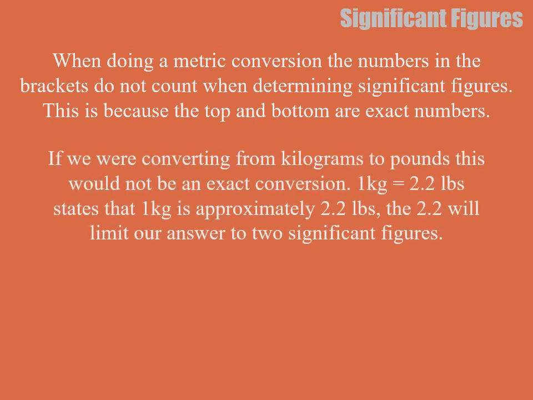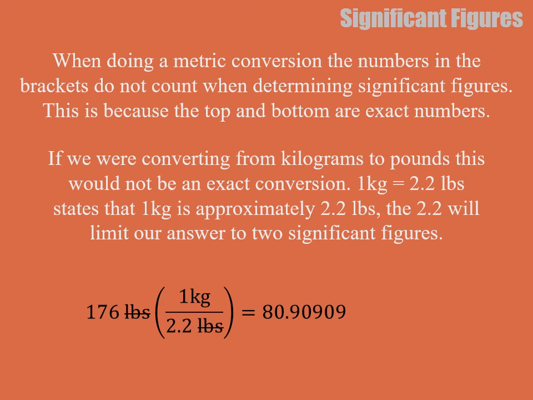If we were converting from kilograms to pounds, this would not be an exact conversion. 1 kilogram equals 2.2 pounds states that 1 kilogram is approximately 2.2 pounds. The 2.2 will limit our answer to two significant figures. So if I weigh 176 pounds and I want to know what that is in kilograms, inside brackets, I would put 1 kilogram over 2.2 pounds, so the pounds would factor out.